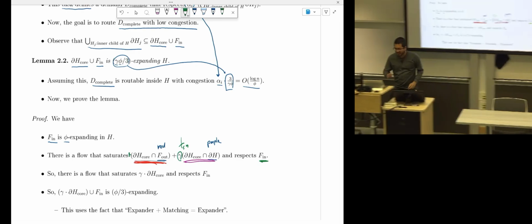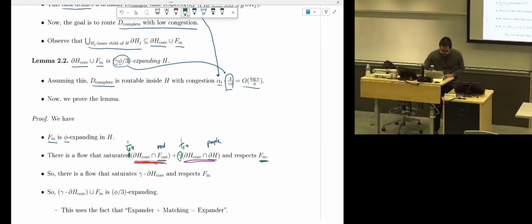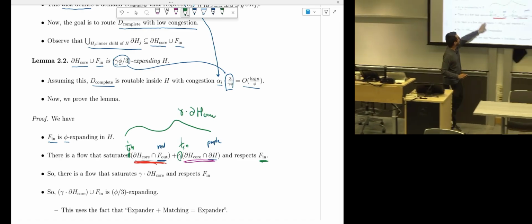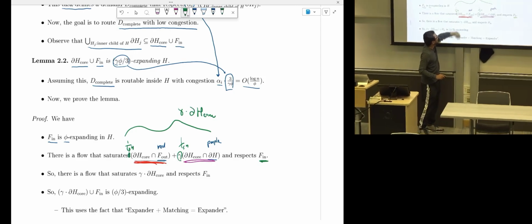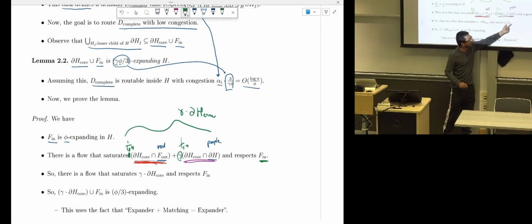Because if I change this from 1 to 1 over log, this is just like gamma of H core. So I can even saturate without the 1 over log here. So there is a way to saturate from the boundary of H core after scaling down by log and send it to F in.